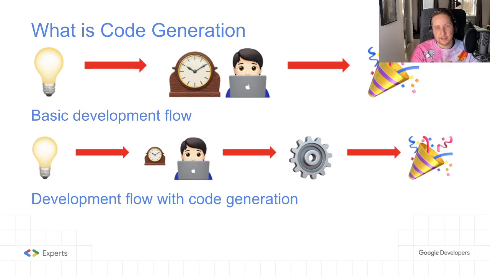When we look at the same development flow while using code generation, it's really similar. As usual, you have an idea and you want to transfer that idea to your code, but this time you are not writing all the code by yourself, you are just defining some configuration, some metadata, and from that you use various packages and tools to generate the remaining code, so you could use it later in your code base.